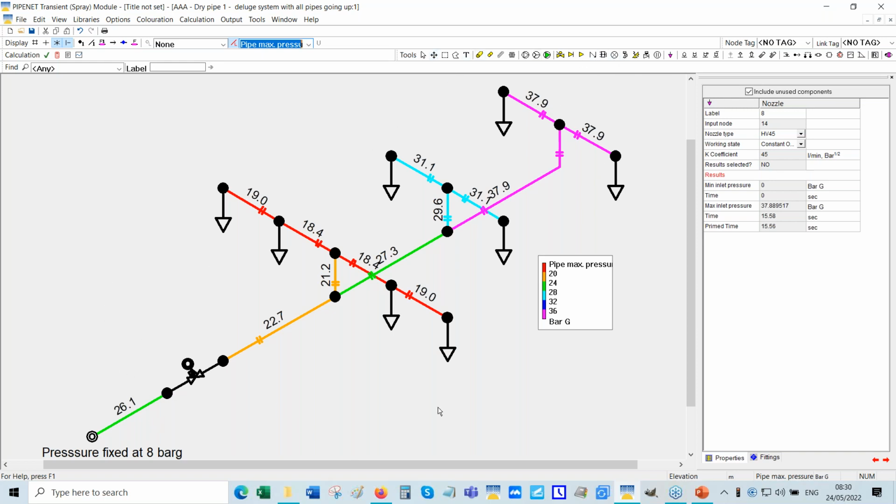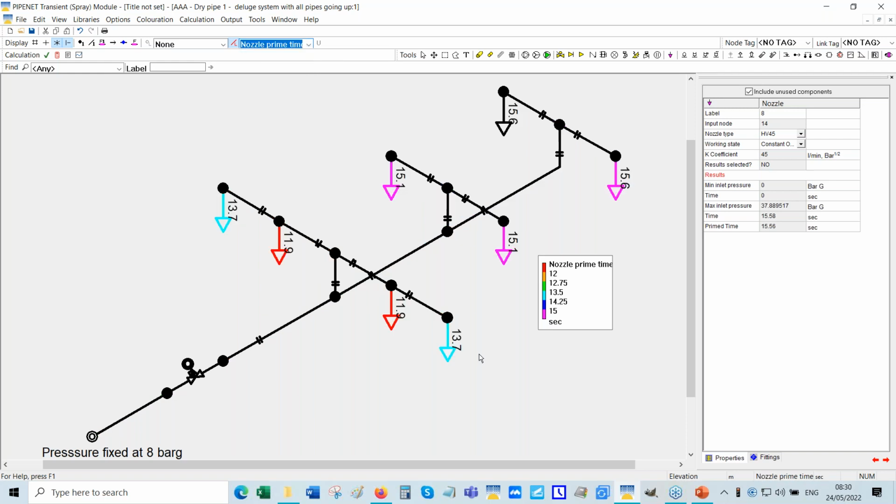That's a different problem. PIPENET Transient module is used for two different purposes in fire protection. One is surge analysis, and the other one is discharge time calculation. And here, we're mainly interested in discharge time calculation.